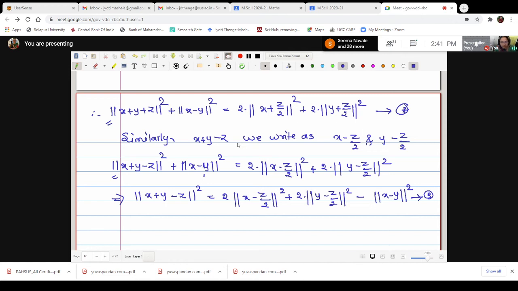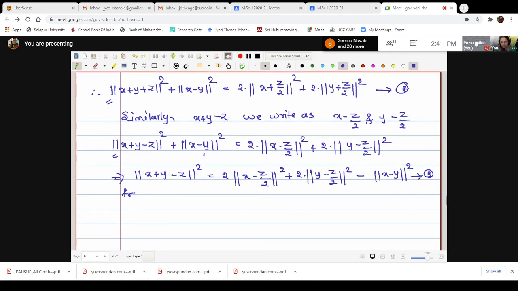Now from this star I will write. From the star also we will try to find the value of norm square of x plus y plus z, which is equal to, again shifting this term to the right, 2 times norm square of x plus z by 2 plus 2 times norm square of y plus z by 2 minus norm square of x minus y.